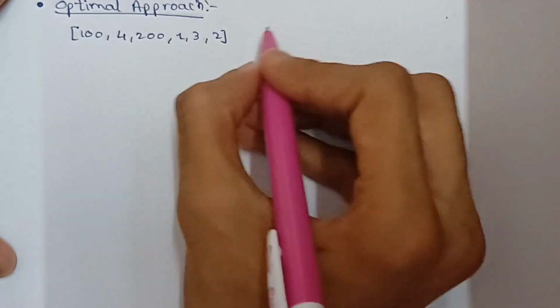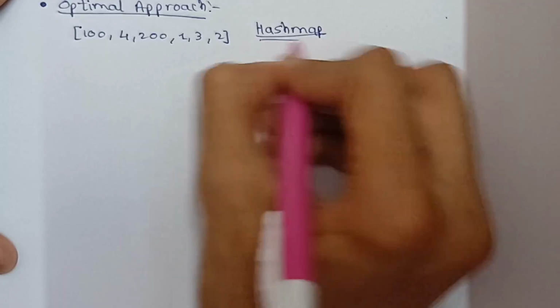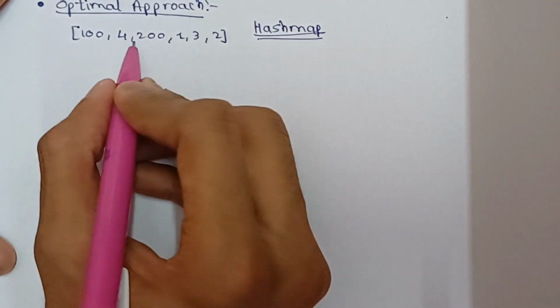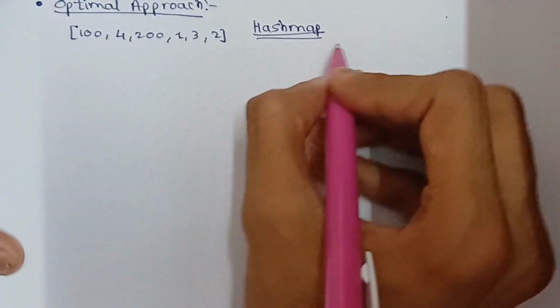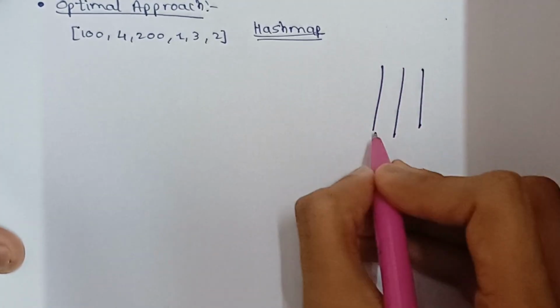For this, which data structure can be used? We can use a hash map data structure to look over the array, to check whether this element minus 1 and plus 1 occurred or not. So we will simply create one hash map here.